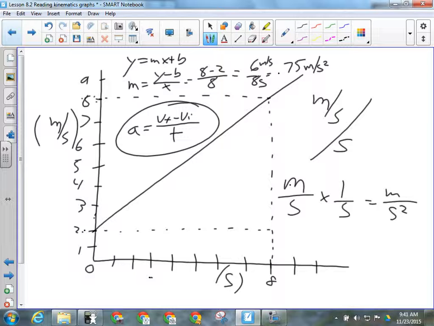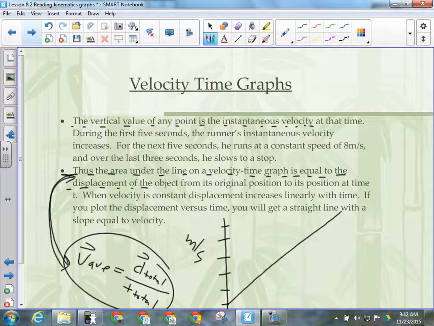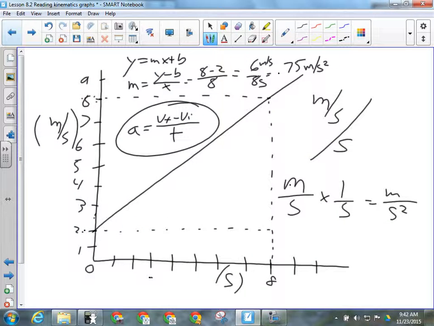So I can find the average velocity during this triangle part, figure out how far it goes, and then add that to this. Remember that here it says it's the total area under the line on a velocity versus time graph. Well, the total area here is a triangle and a rectangle.